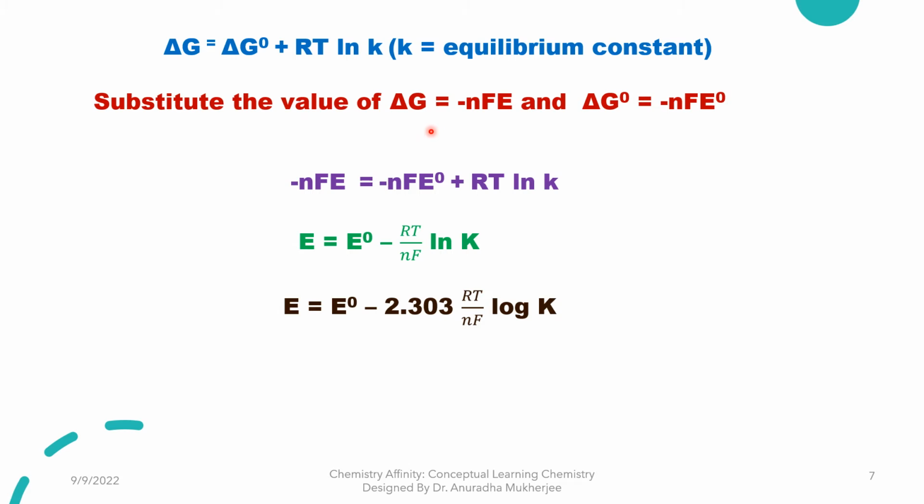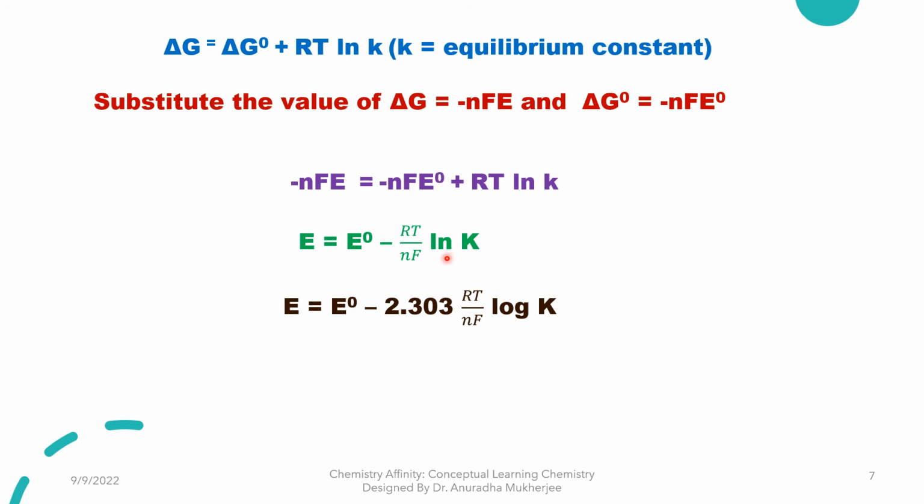Now we know that delta G equal to minus NFE and delta G0 equal to minus NFE0. We can put these values in this equation, and then rearrange it this way: E equal to E0 minus RT by NF ln K.